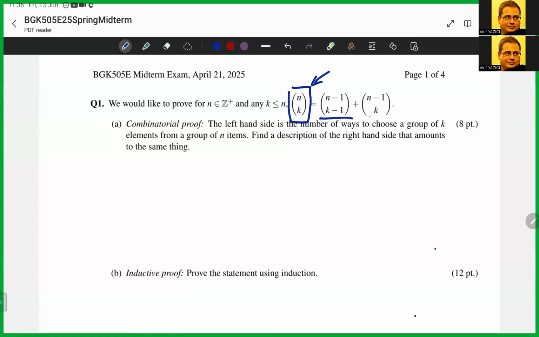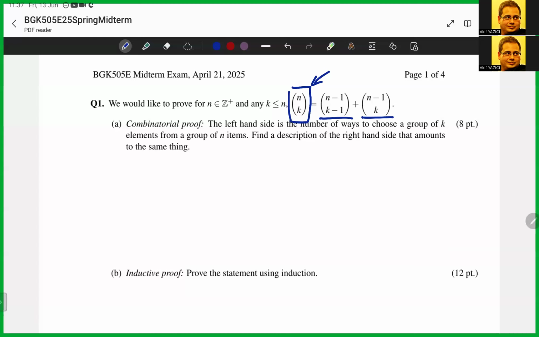So I have two components here. You see n minus 1 choose k and n minus 1 choose k minus 1. And in what ways can I interpret this so that that will amount to choosing k items, a group of k out of a population of n?